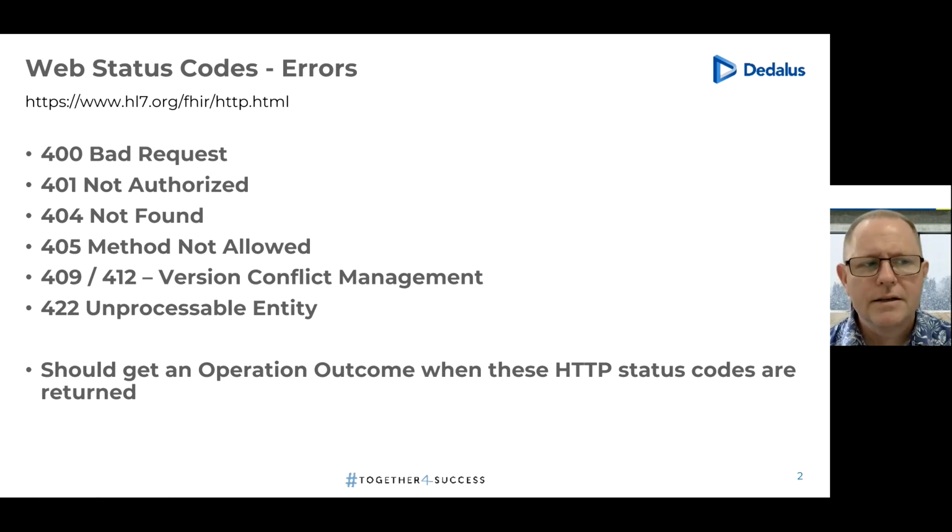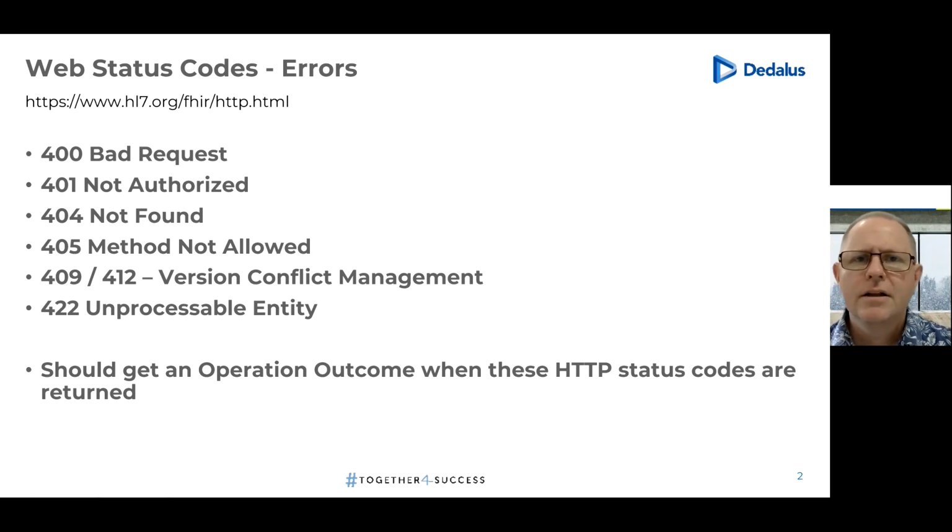Method not allowed. So you could get that when you're trying to update or do a put on a resource that doesn't exist, and the server doesn't allow creation for a put event.